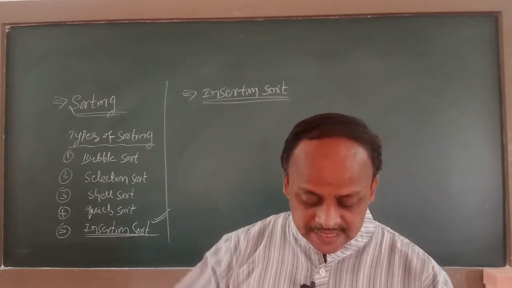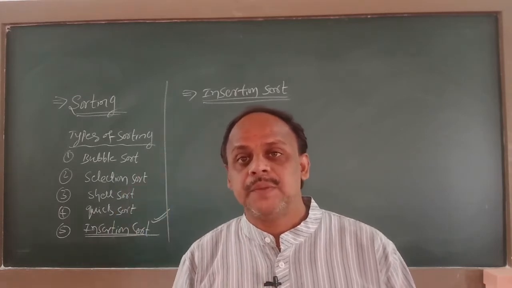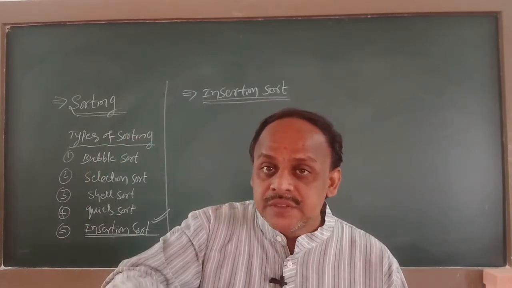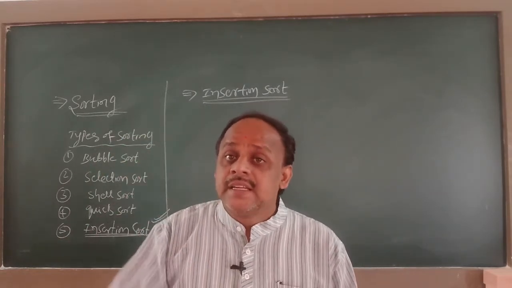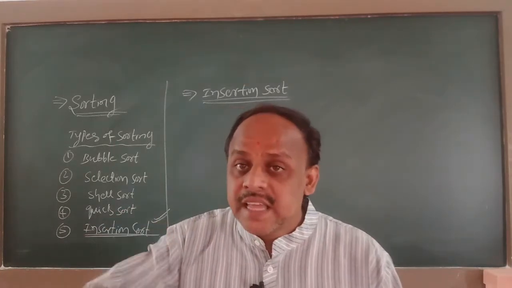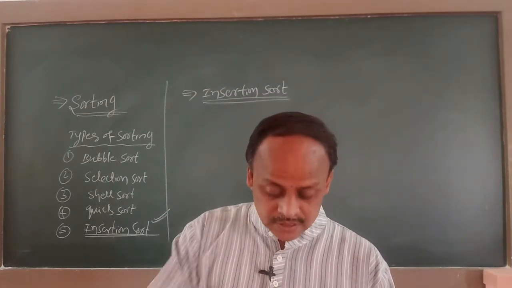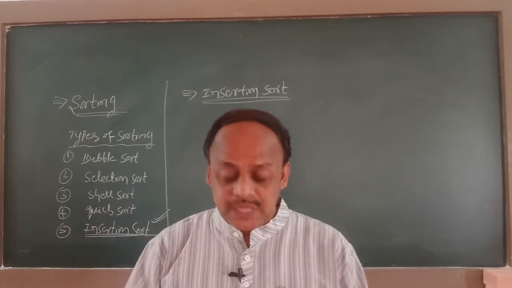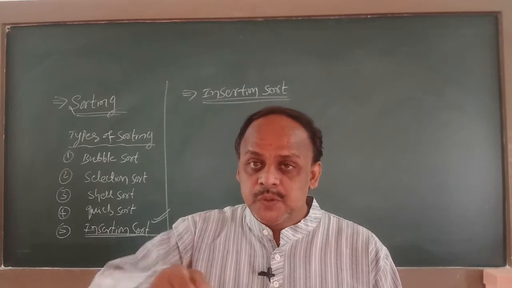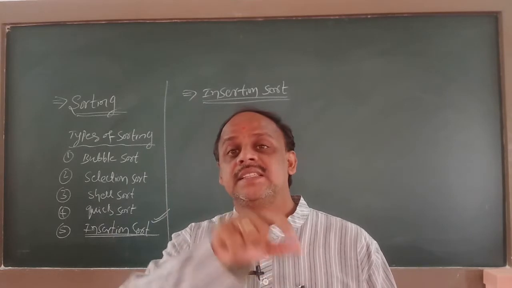Now compare the second element with the first element. The second element is stored in a of 1, and the first element is stored in a of 0. If a of 1 is less than a of 0, that is, the second element is less than the first element, then yes, insert the second element in a of 0, the first position, and insert the first element in a of 1, the second position.